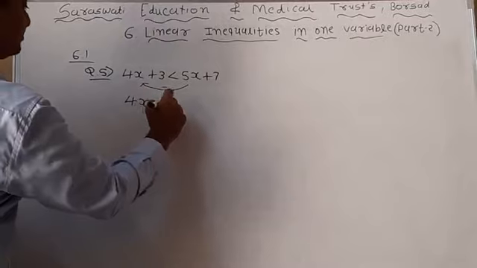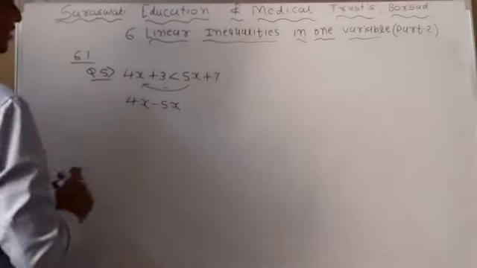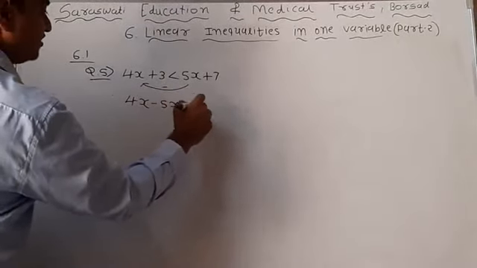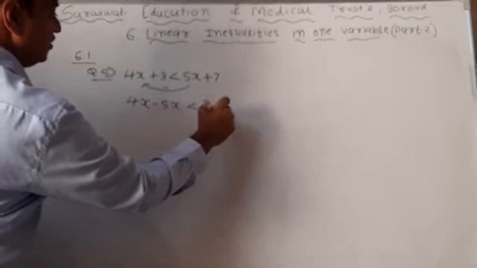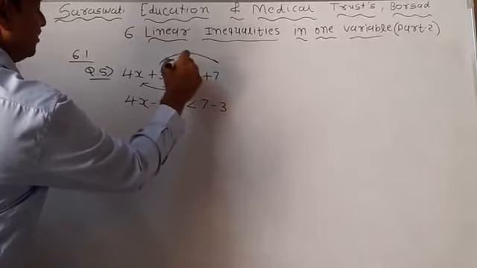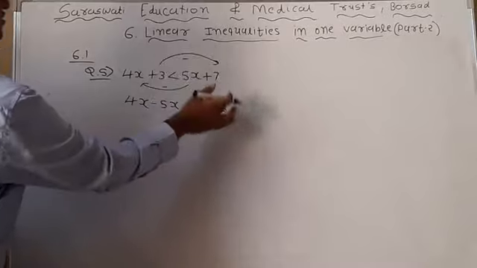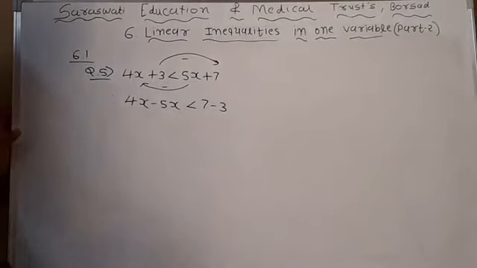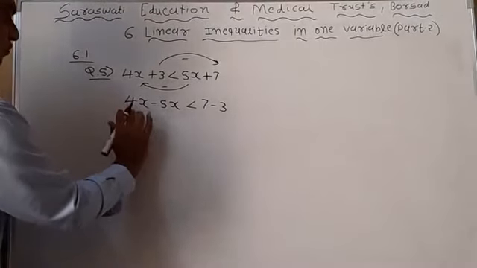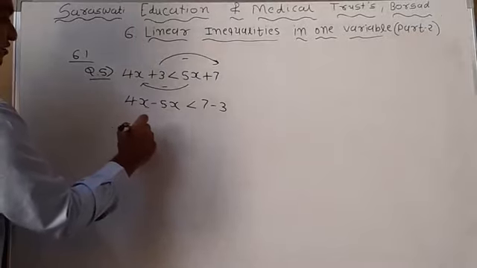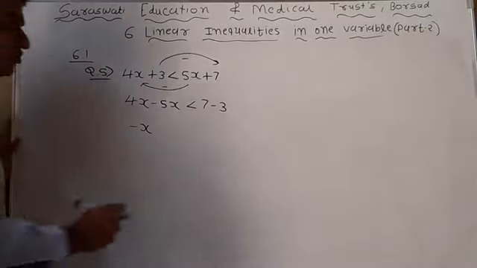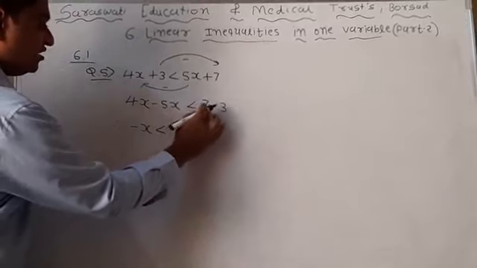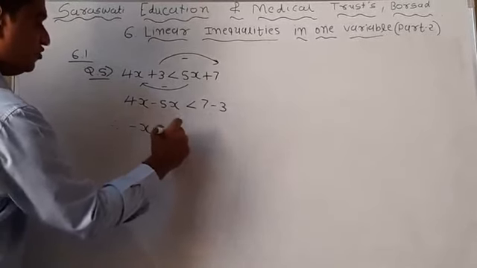So 4x minus 5x less than 7. Here plus 3 is present, write it on the opposite side and change the sign. So here write minus 3. Therefore 4x minus 5x, that means minus x, less than 7 minus 3, that means 4.